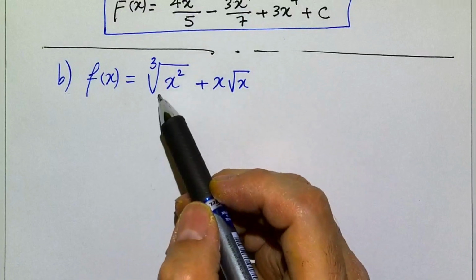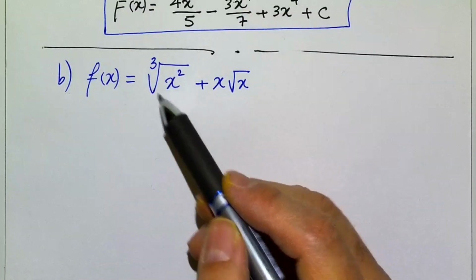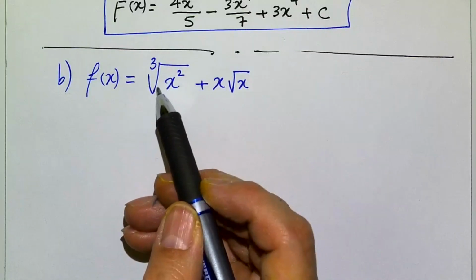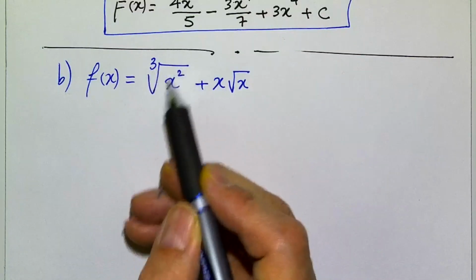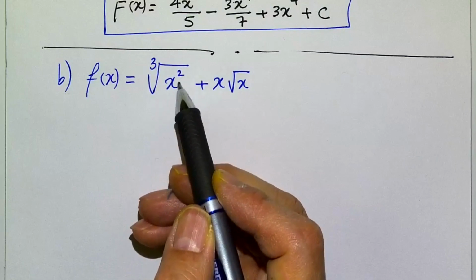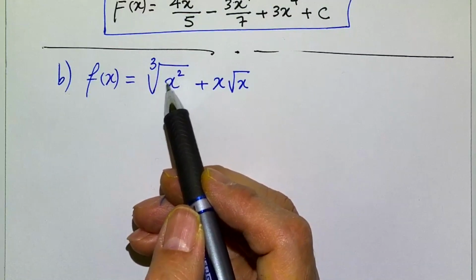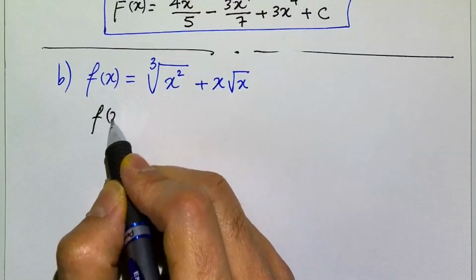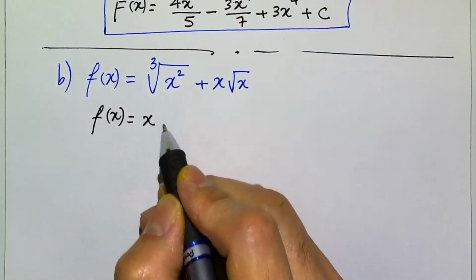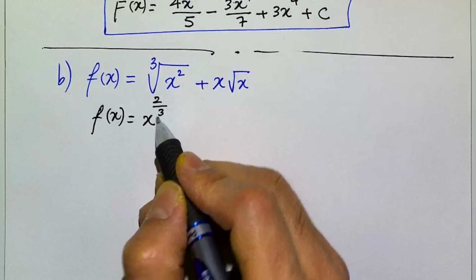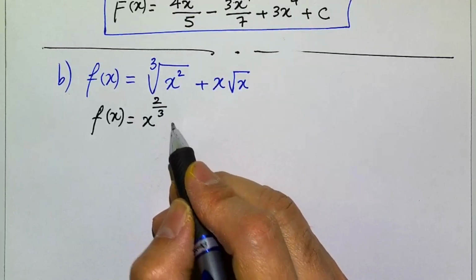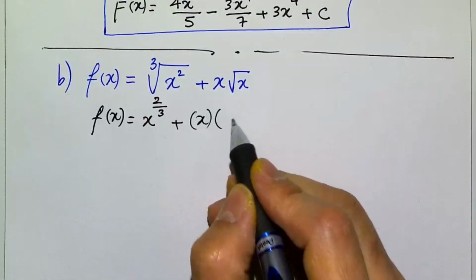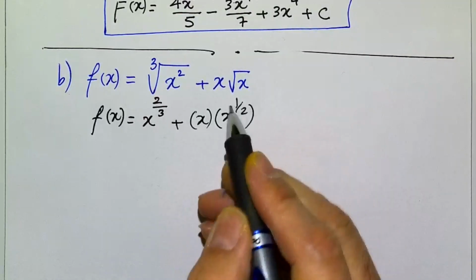When we find the antiderivative of things like this, I'm sure you remember that it's best to put the root as an exponential, as a fractional power. So let's first do that. So f of x is equal to x to the 2/3 power, and then plus, of course, this is x times, remember from algebra, this is just x times x to the 1/2 power.